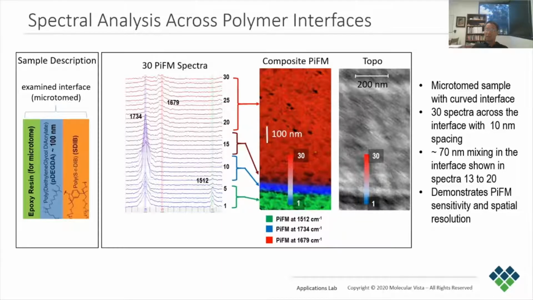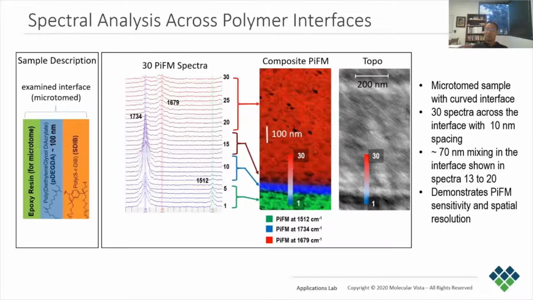We then see a gradual decrease in the carbonyl signal strength from spectrum number 13 until it reaches a steady state level at about number 20. Again, consistent with the gradual change in color observed in the chemical map image.